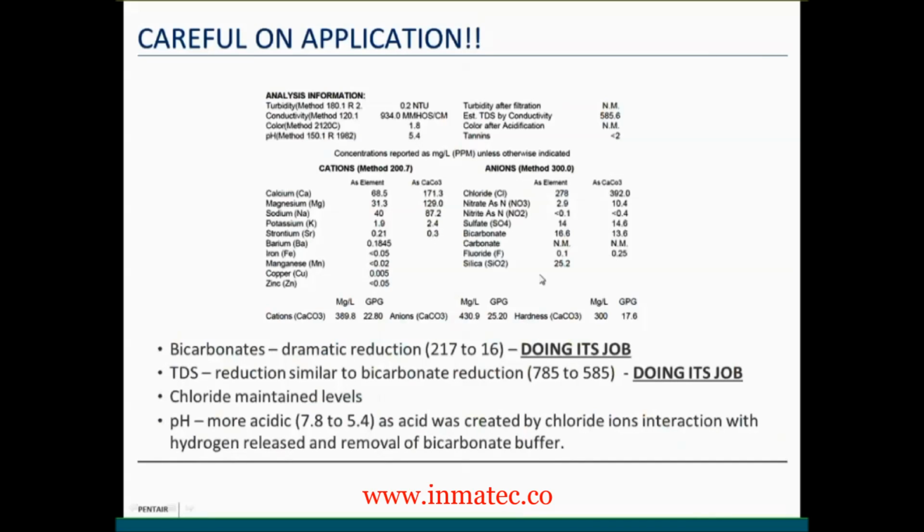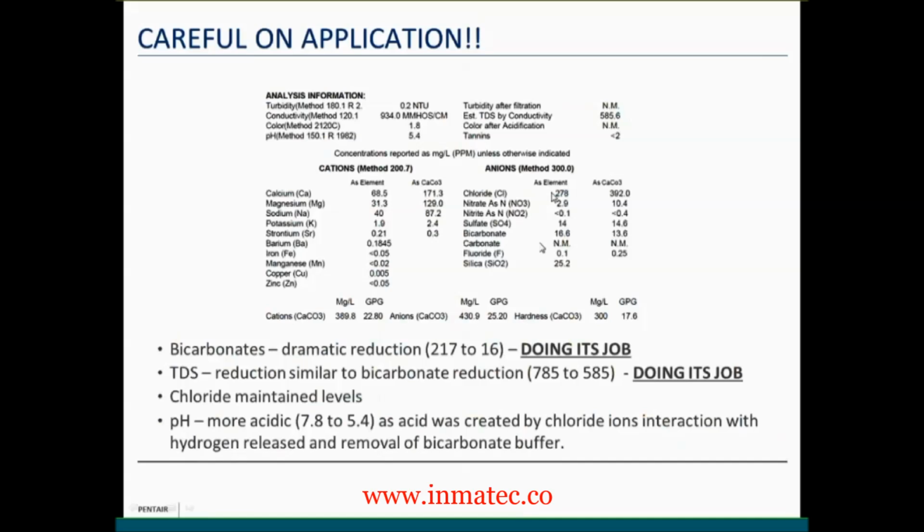You can see this is a water sample after going through a wax resin. We've lowered the TDS by 200 ppm, but note the pH, 5.4 from 7.8. That's a factor of 3,000 times more corrosive, more acidic.